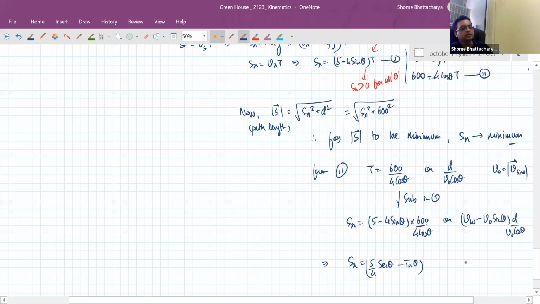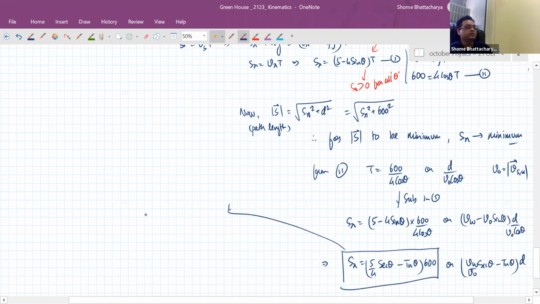Or we can write it as Vo by Vw sec theta minus tan theta, the whole thing multiplied by d. So what we have done is we have got this thing as a function of theta.